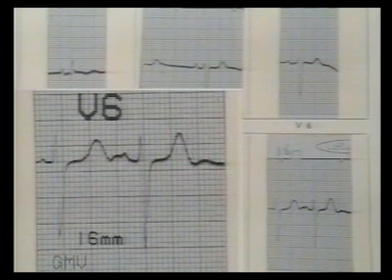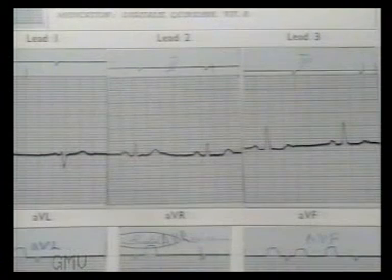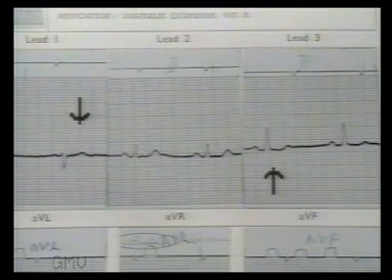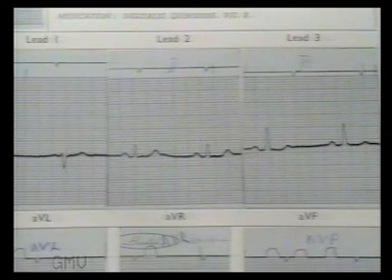RV1 plus SV6 is 22 millimeters. So the criteria for diagnosis of right ventricular hypertrophy are met with. Coming to limb leads, negative QRS in lead 1 and positive QRS in lead 3 denotes right axis deviation, and P wave in lead 2 is broad, suggesting left atrial hypertrophy.